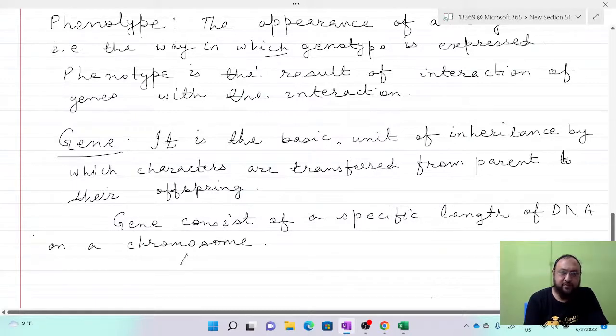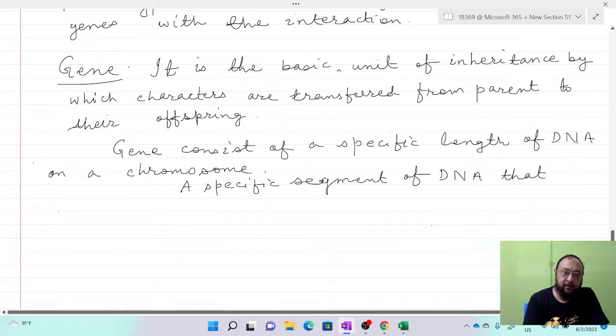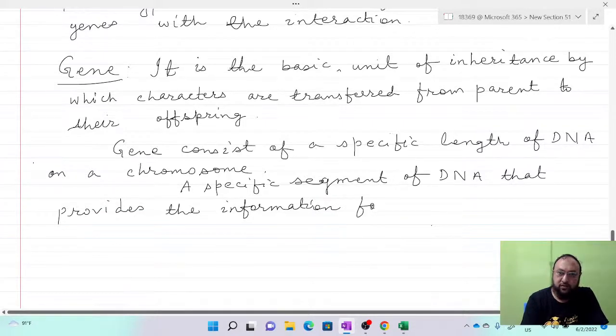So then we write: a specific segment of DNA that provides the information for one protein is called the gene for that protein.